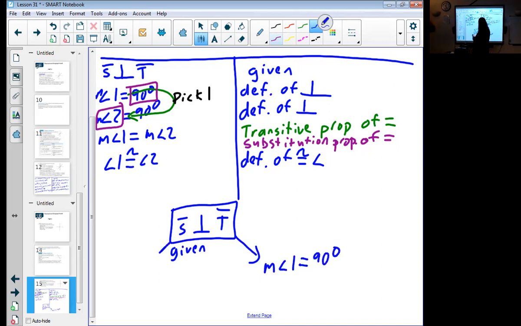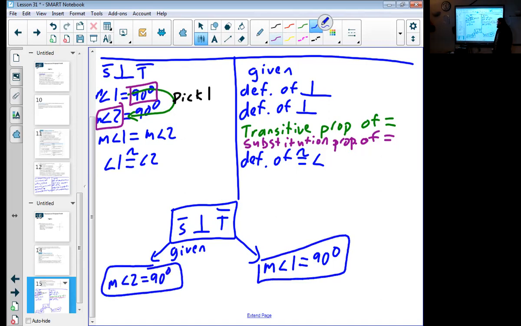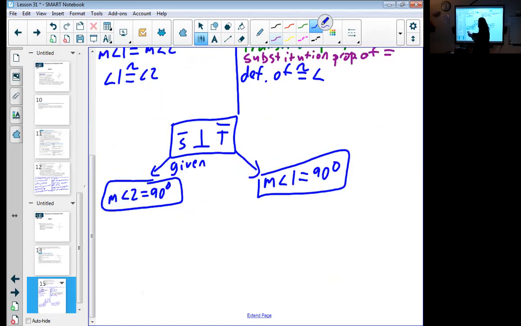You also have the measure of angle 2 is equal to 90 degrees. So it makes sense to do a flowchart proof because we are doing the same things in tandem. These two lines can be switched. So because they can be switched, we can use a flowchart proof. And this is the definition of perpendicular, which is the same thing over here, definition of perpendicular.